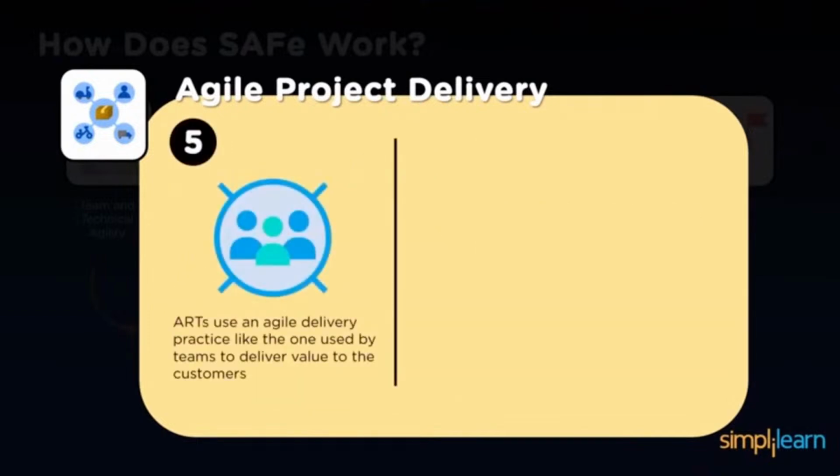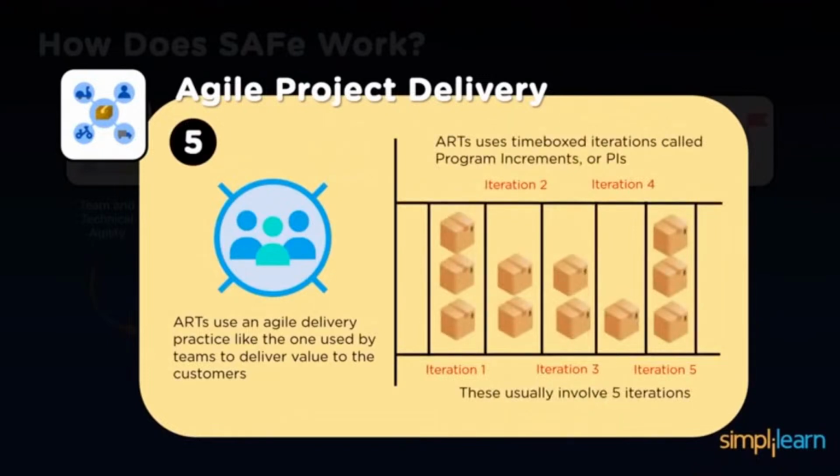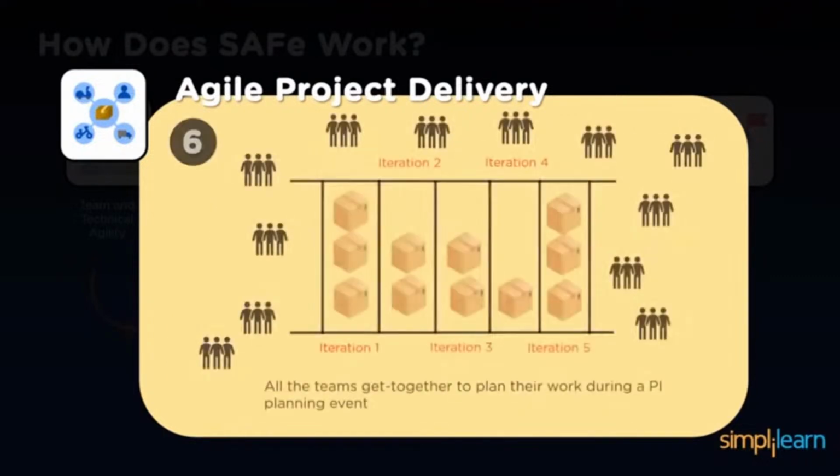So ART uses agile delivery practices like the ones used by the teams to deliver value to the customers. It uses time-boxed iterations called program increments or PIs, which usually involve 4 to 5 iterations. All the teams get together to plan their work during PI planning events. They should work together and have full visibility while doing it.